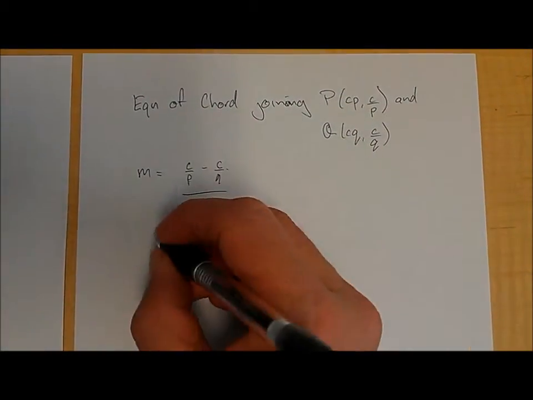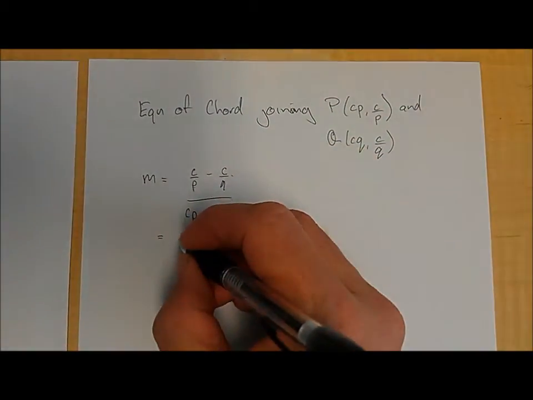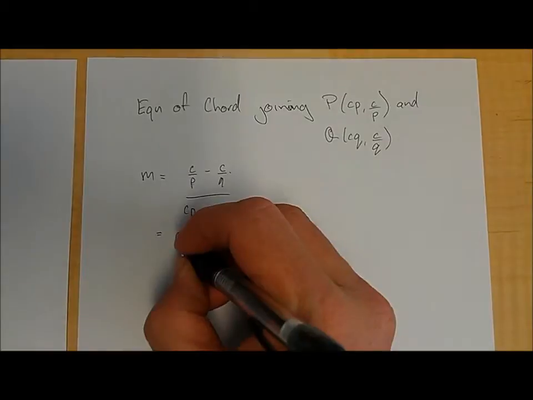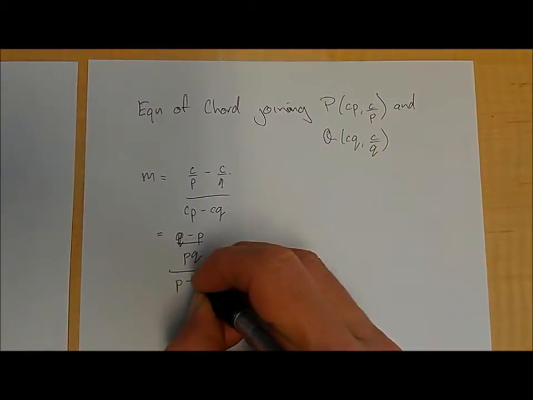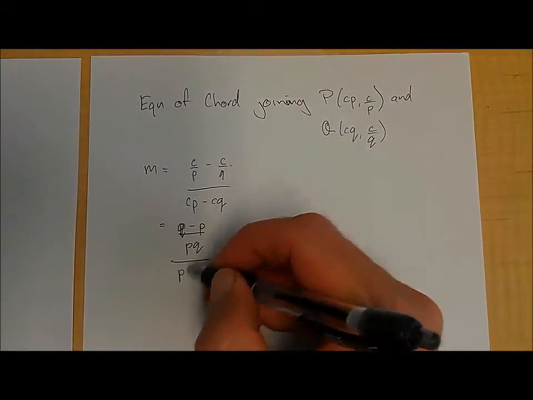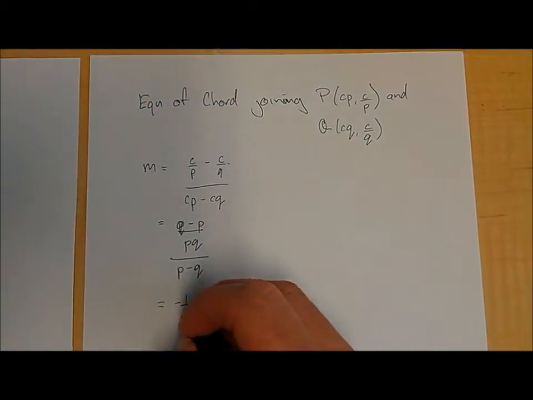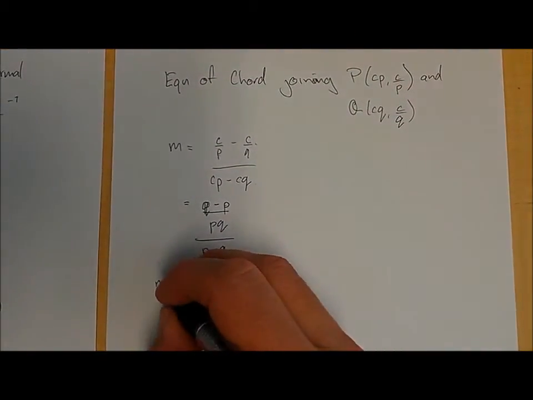C can be cancelled there, and cross multiplying, I've got (q minus p) on pq all over (p minus q). This is just the negative of that, so when I divide I simply get negative 1 over pq. So that's the gradient of the chord.